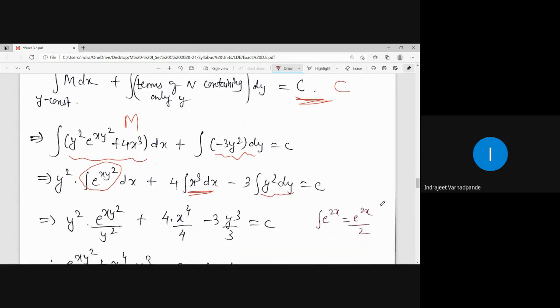Now tell me what is integration of e to the power 2x. It is e to the power 2x upon 2. So in the integration of e to the power xy square, what is to be kept as constant? Y square.